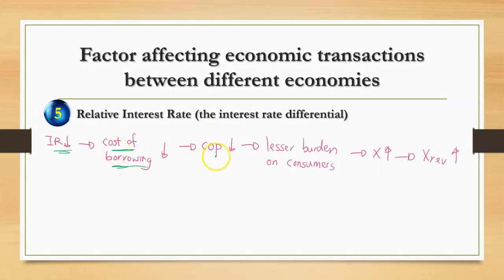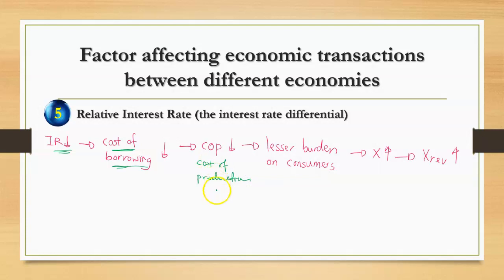When the cost of borrowing is lower, it translates into our cost of production, because whatever we spend in a company will be reflected in our price, right? It becomes our cost of running the business, so it will be reflected in price.